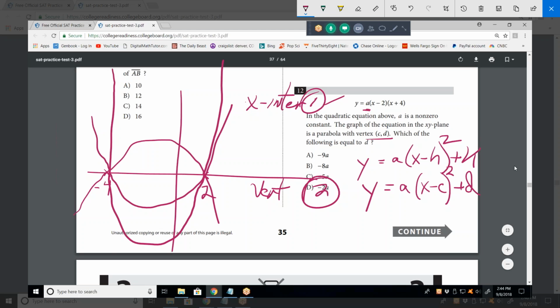But the x-intercept is the second most important thing, because you got to know where your x-intercepts are to know where it crosses the x-axis. Now, since those two are the same equations, this y is the same as this y, and that a is the same. So, we'll set one equation equal to the other.